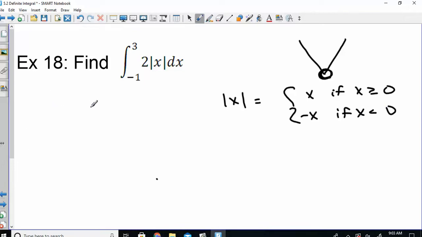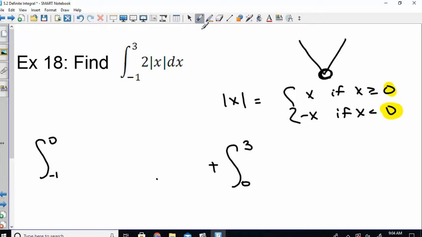There's a property called the integral union property, which says we can break apart this integral. Since 0 is where this absolute value graph changes direction, we can go from -1 to 0, and then we can go from 0 to 3 and add those two together.